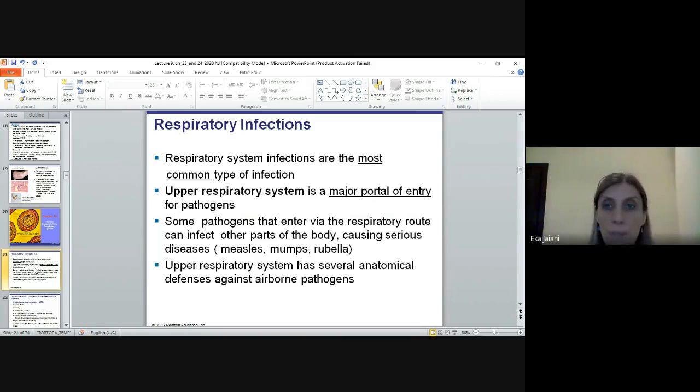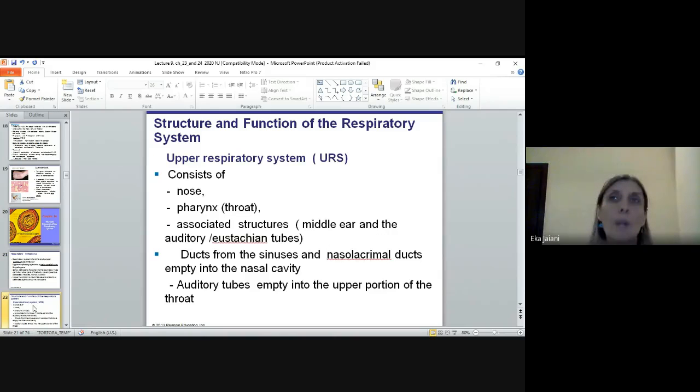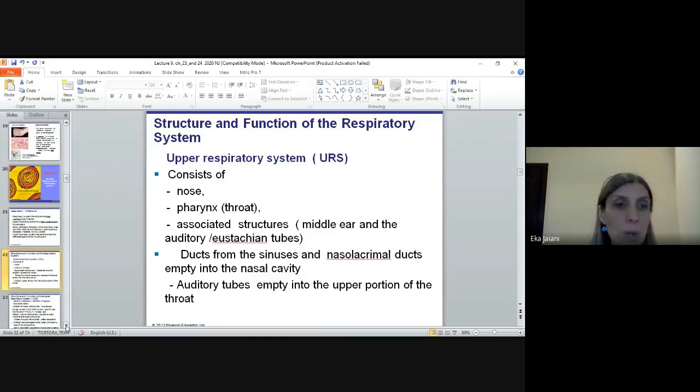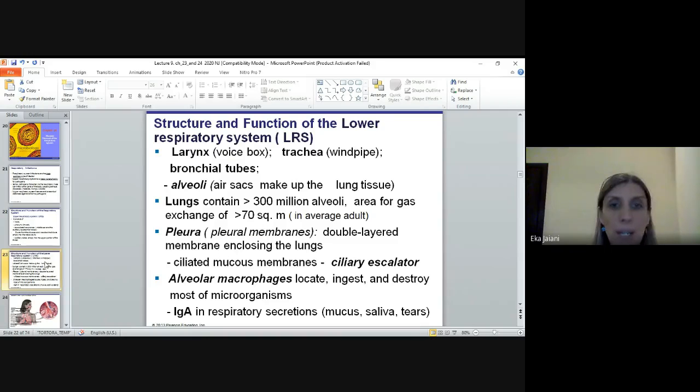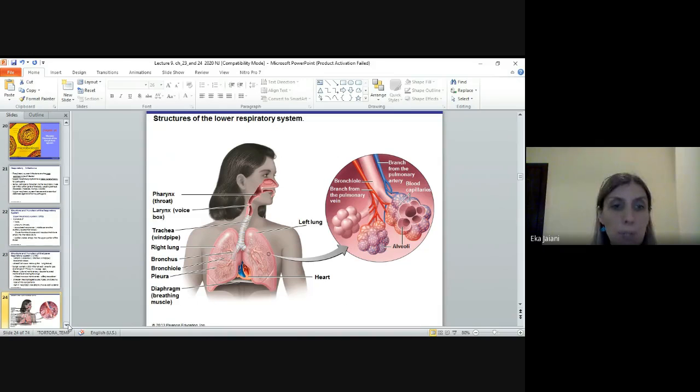Viral respiratory infections are more common than bacterial ones, because with the respiratory tract we have contact with the outside environment, and microorganisms that are transmitted through droplets or aerosols can attack our respiratory tract.